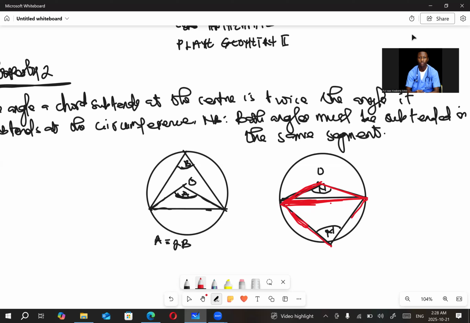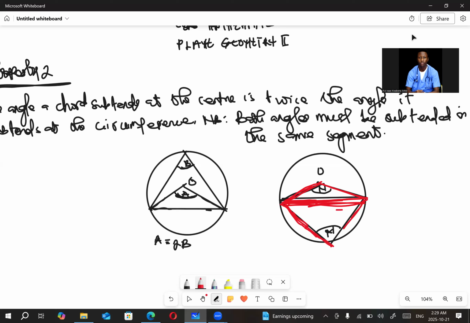At the center. And where is M subtended? At the circumference. So the angle subtended at the center is twice the angle subtended at the circumference. This chord subtended an angle at the center, and that same chord subtended an angle at the circumference.